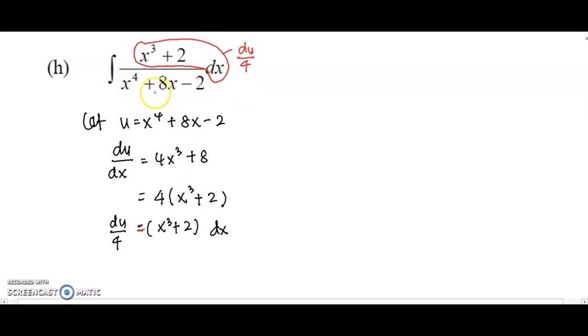And 1 over x to the power of 4 plus 8x minus 2 can be replaced as 1 over u. Now everything can be written in terms of u. I have 1 over u, replacing 1 over x to the power of 4 plus 8x minus 2, and this is going to be multiplied by du over 4.